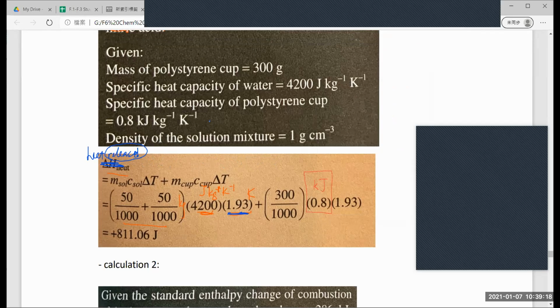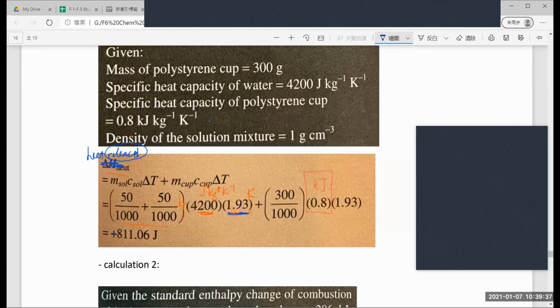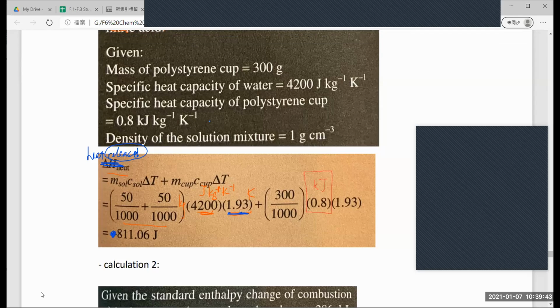They have given you the direction of heat transfer from the system to the surroundings. So in this whole calculation, you need not add a plus here, right? Because if I say that it is released, it's no need to have plus or minus.